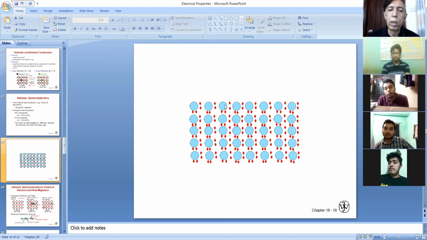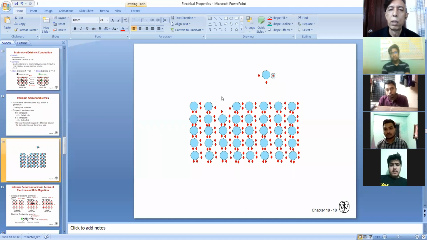So if you take an individual silicon, this is silicon, and it has 4 electrons in its outermost orbit. One from here, one from here, one from here, and another one from the upper side.